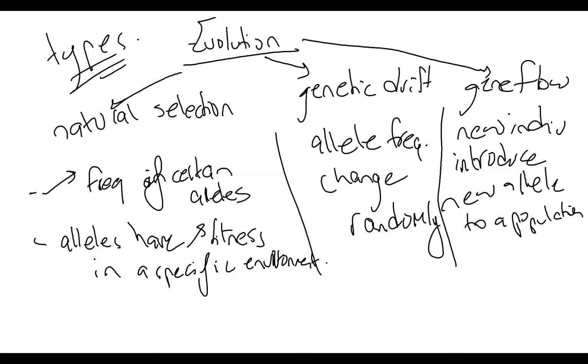Now we're going to speak about the modes. Second point of natural selection: alleles have high fitness in a specific environment, which means this allele has a very high percentage that all the generations are going to have.